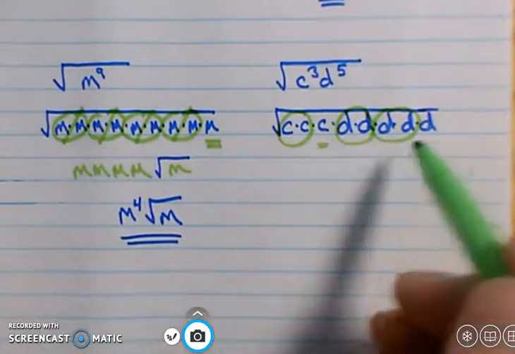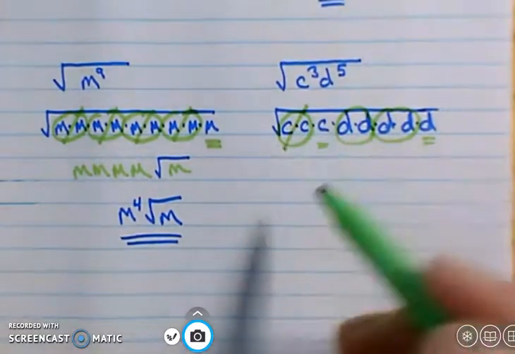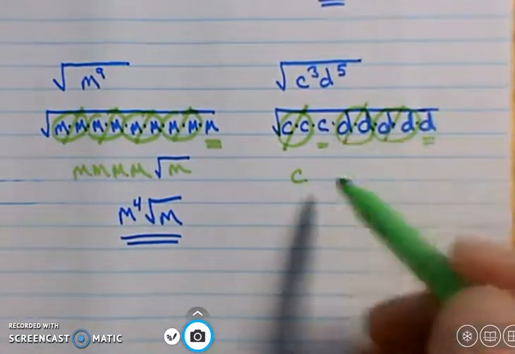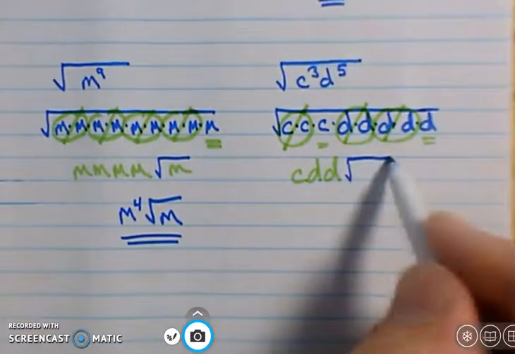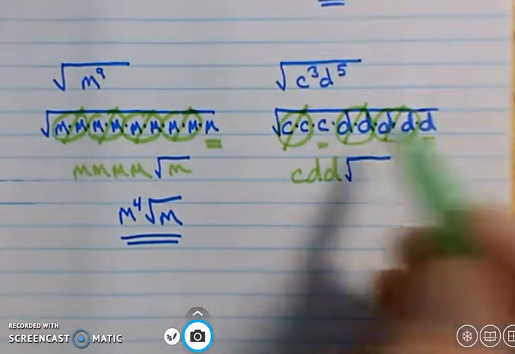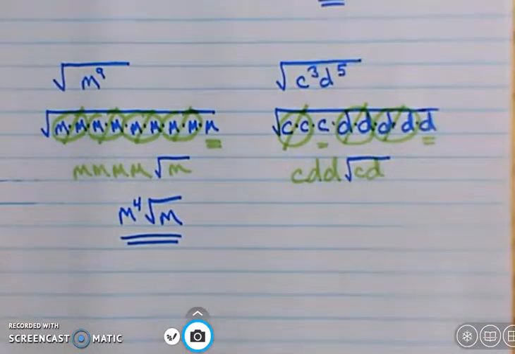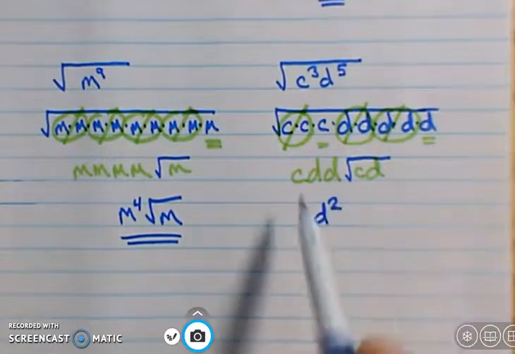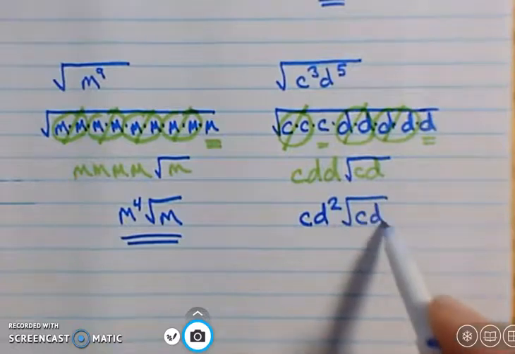Notice I have leftovers of both of those. So I'll take out my one pair of c's, and I'll take out my 2 pairs of d's, and I will leave whatever is left over inside the radical sign. Simplifying that, I have c d squared, 2 d's, d squared, times the square root of c d.